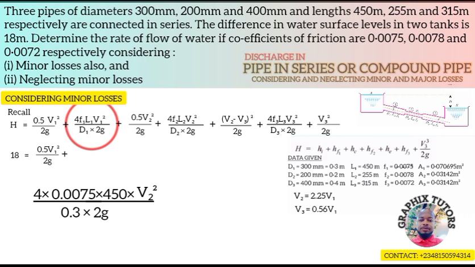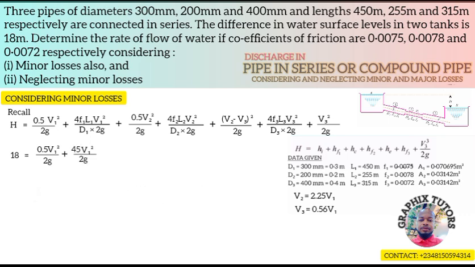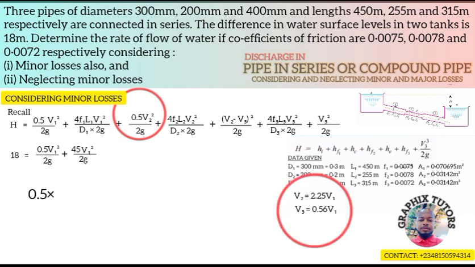Now, when you multiply 4 times 0.0075 times 450 divided by 0.3, you are going to have 45 v1 square over 2g. Then you add it to this. Plus, the same thing happened here, 0.5 times, now my v2 is given to be what? 2.25 v1, as you can see here.